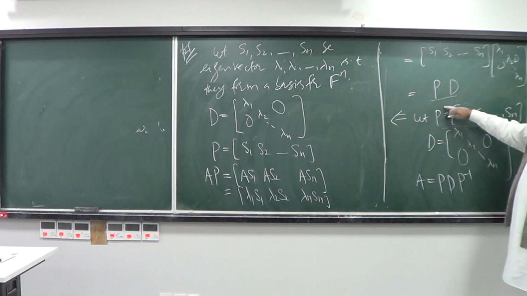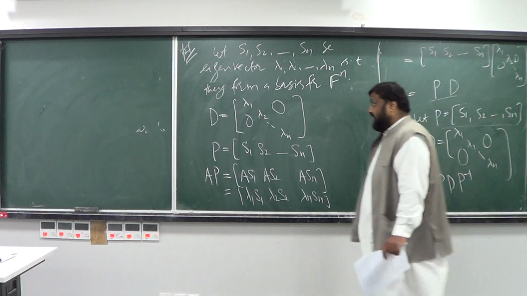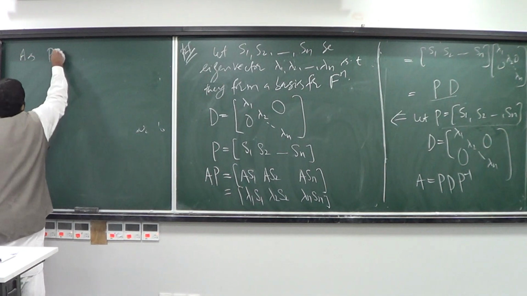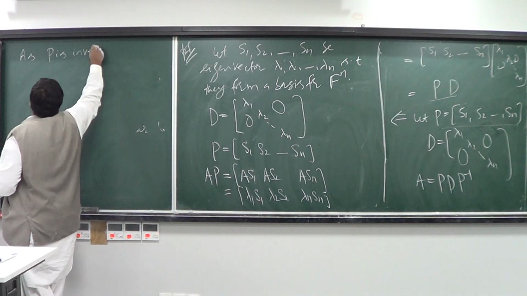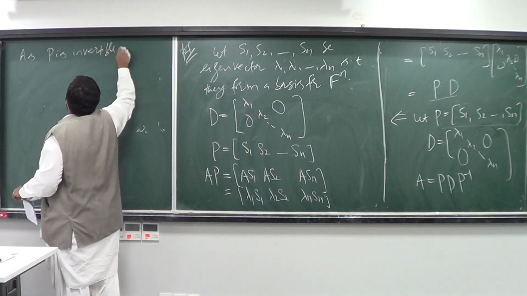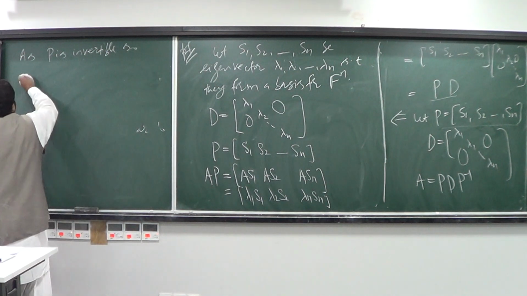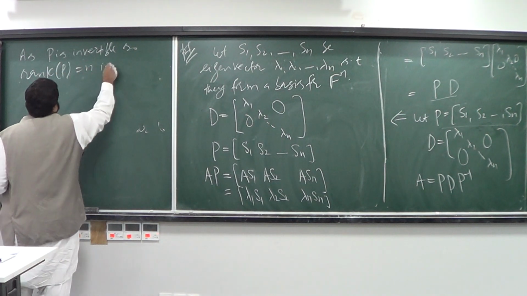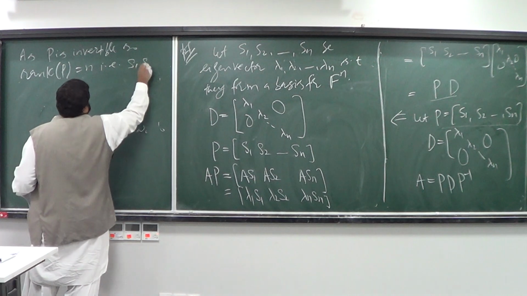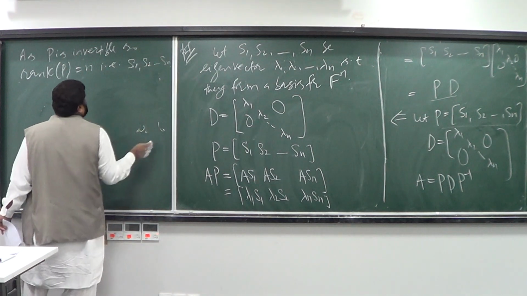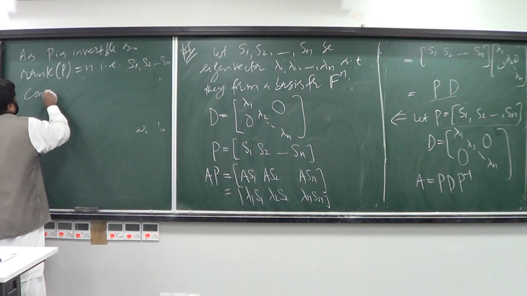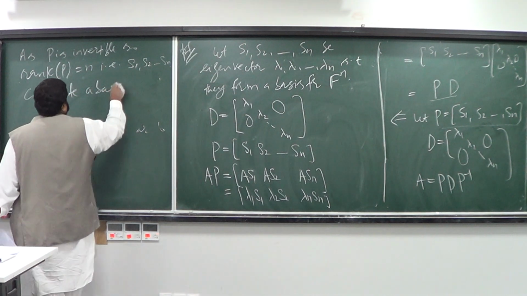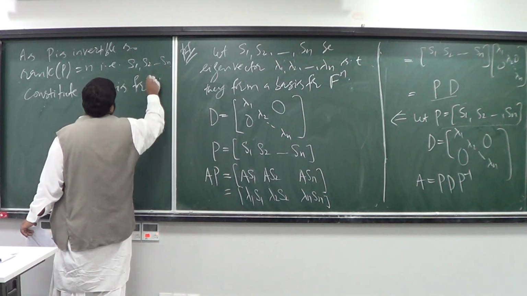So, as P is invertible, its rank is equal to n. That is, the columns of it, S1, S2, Sn, constitute a basis for Fn.